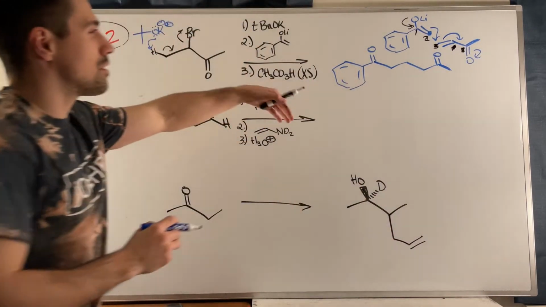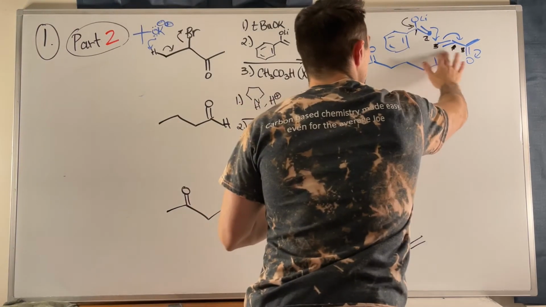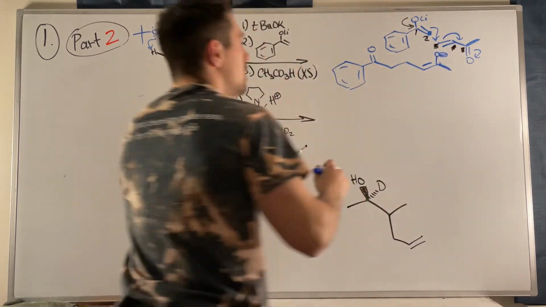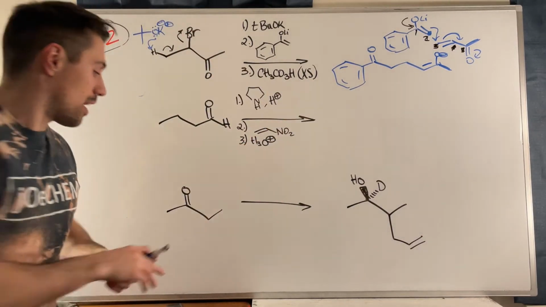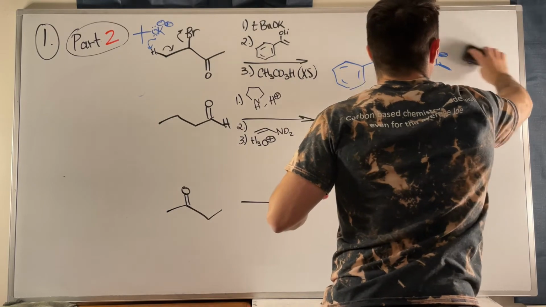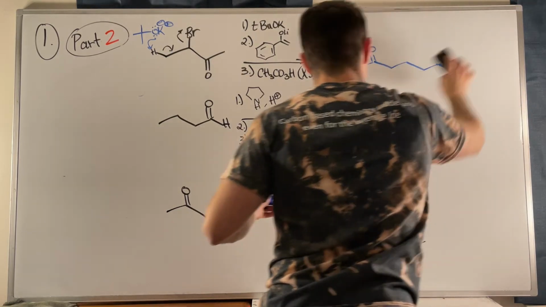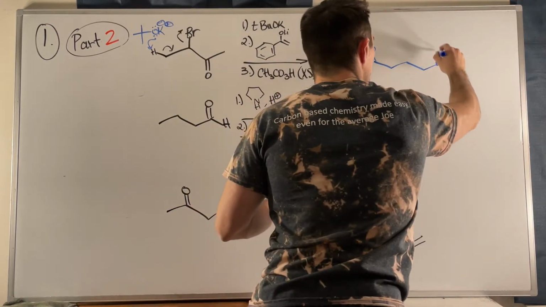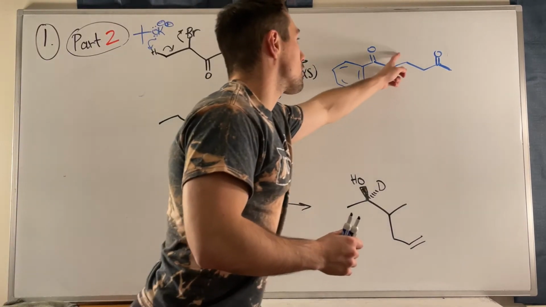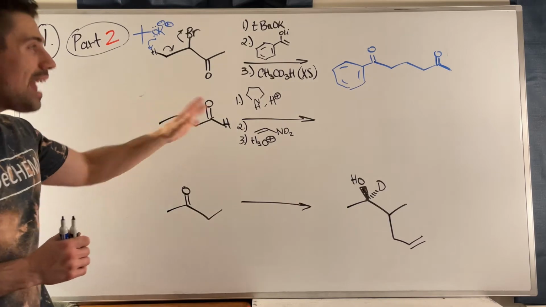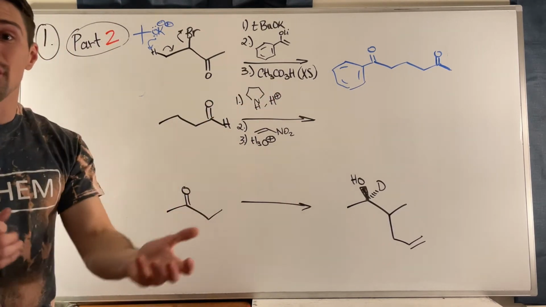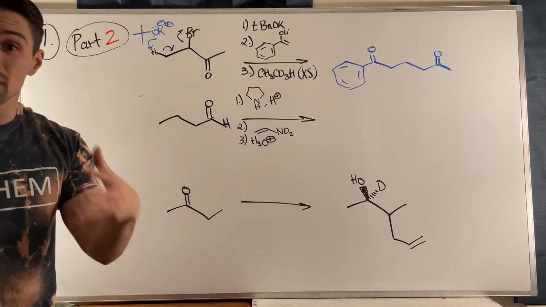I know it'll look like this at first, with an O minus, but I know that will flip to the ketone. So I'm going to erase this really quickly. This will flip back. Okay, and you can see we did the Michael addition correctly because 1, 2, 3, 4, 5.